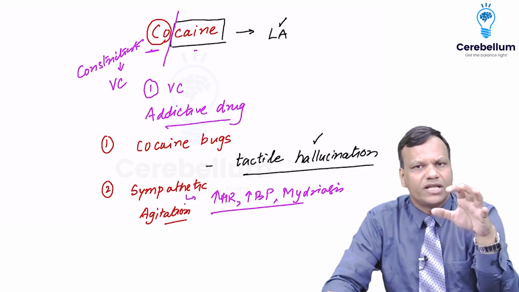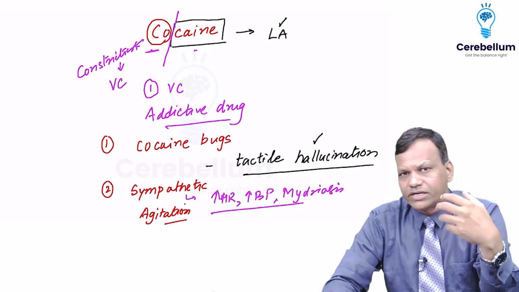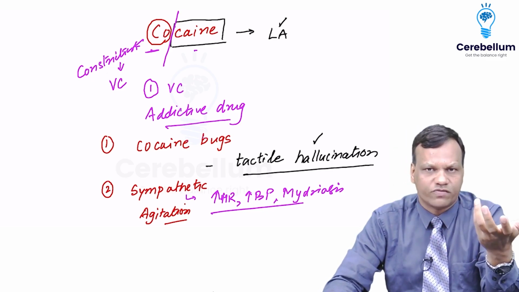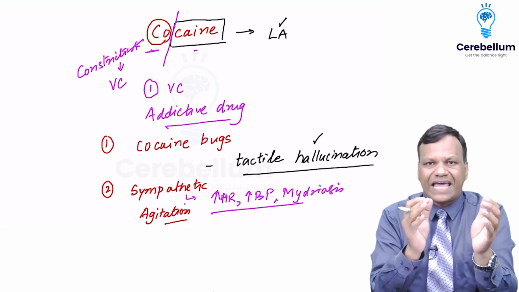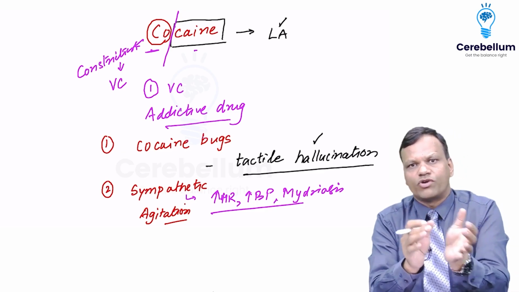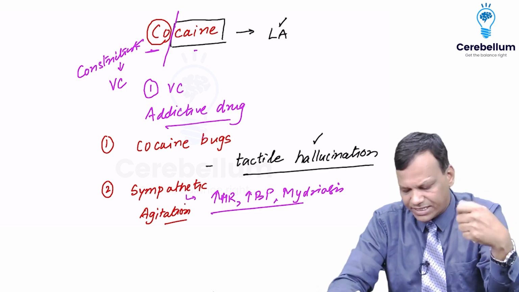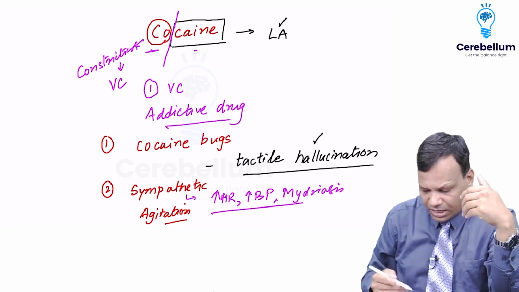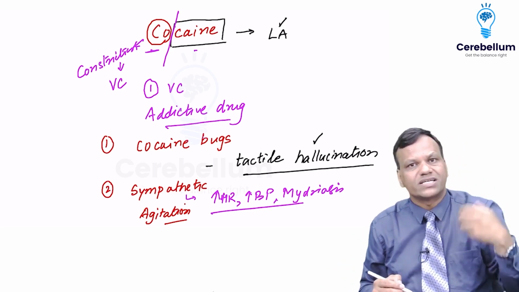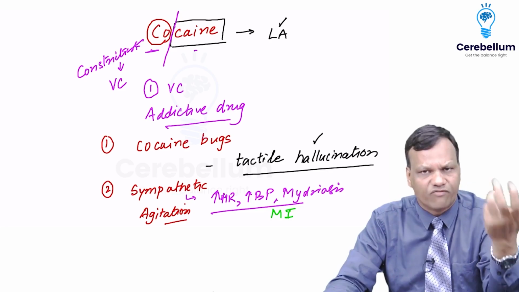Very commonly the question is asked like this: a person has taken an overdose of cocaine, and all of the following symptoms can be present in cocaine overdose except. Clear? They will give some sympathetic symptoms like tachycardia, hypertension or mydriasis, and even in high excess, so much increase in the work of the heart that a person may develop myocardial ischemia or myocardial infarction.